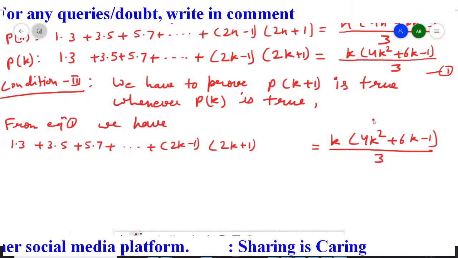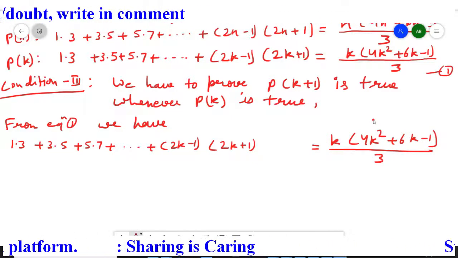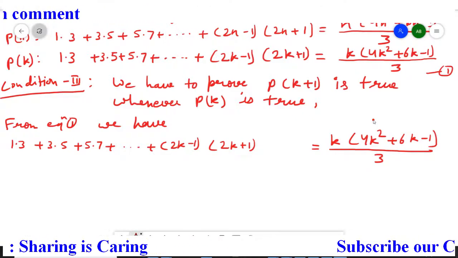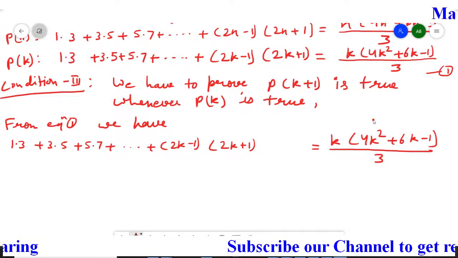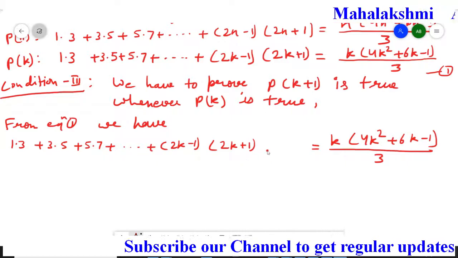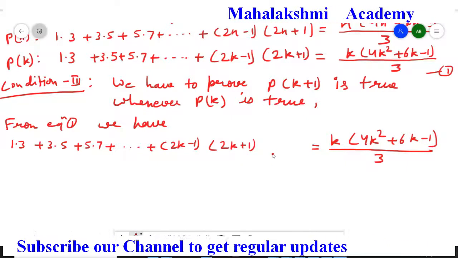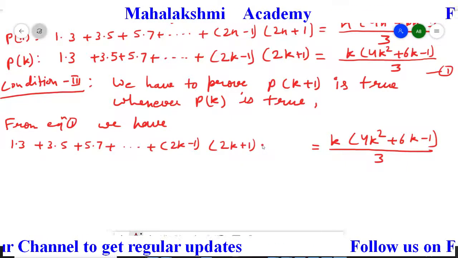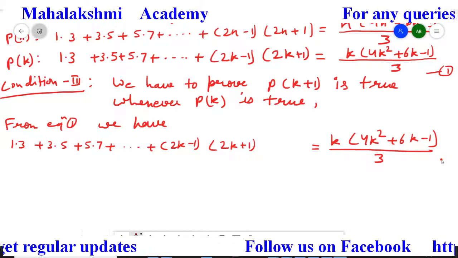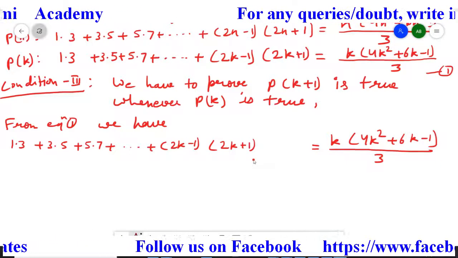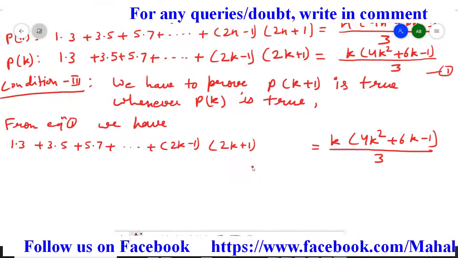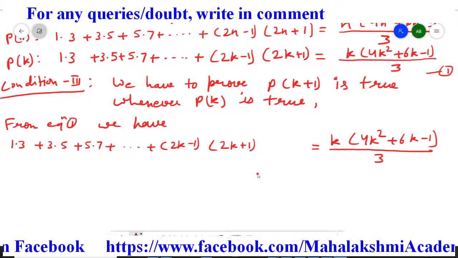Now here students, since we have to convert this Pk equation to the Pk plus 1 equation, we have to introduce one extra term. We have to add one extra term in the left hand side and in the right hand side also, so that this equation converts to the Pk plus 1 equation. Now we have to think what we should add.